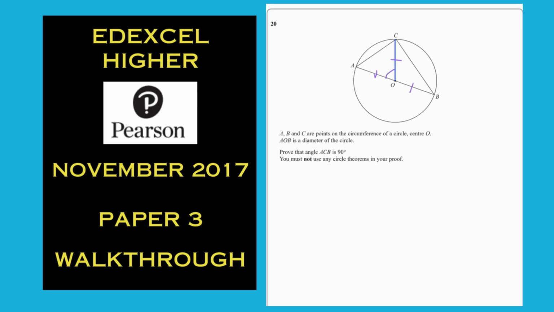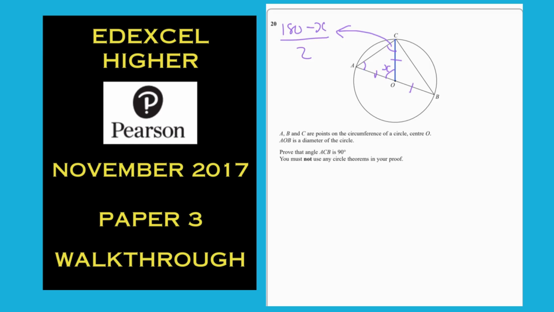What does that mean? Well, it means if we call this angle X, we can write these two angles down, specifically that angle there. The reason you can give, base angles of an isosceles triangle are equal. So angles in a triangle add up to 180.